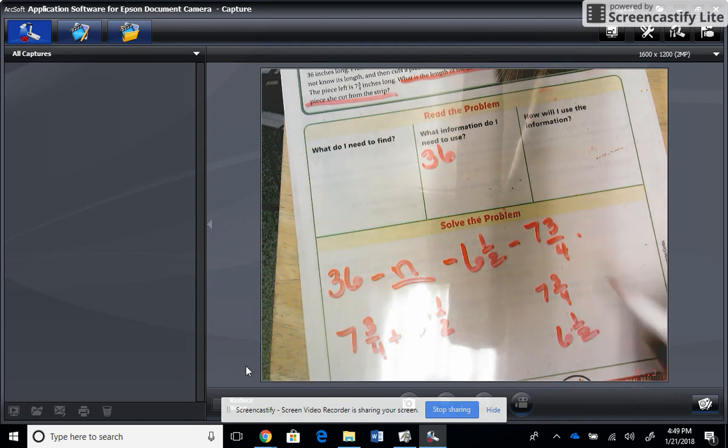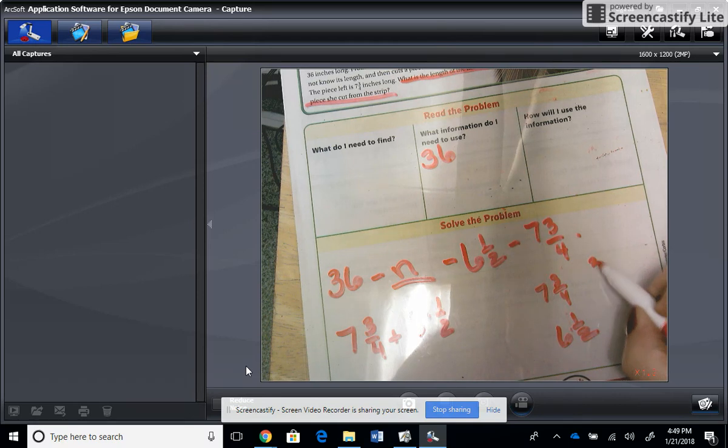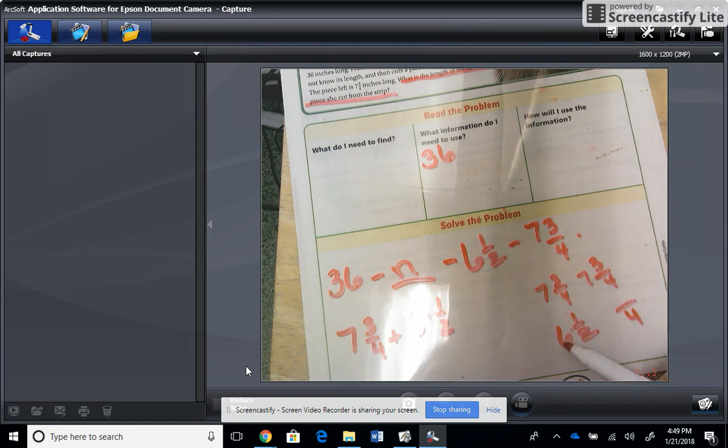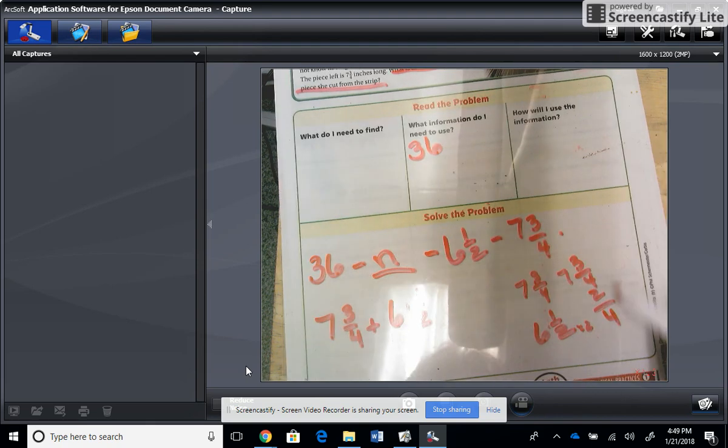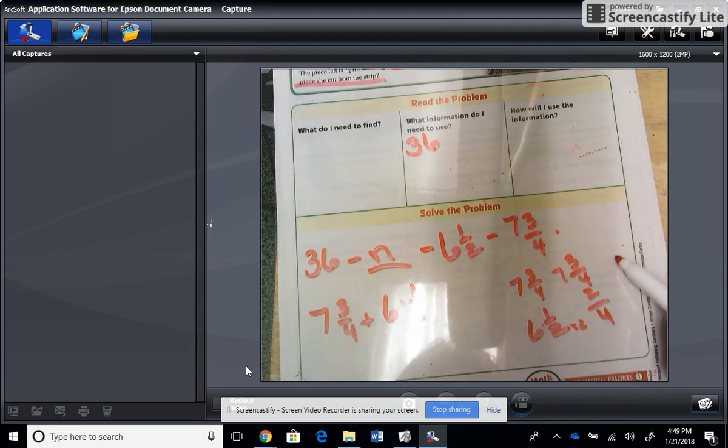So find a common denominator. Well, it's going to be a fourth because 2 can go into 4. So I'm going to put a fourth here. So this stays the same, 7 3/4. Here I have times 2. So now I have what? 5/4. And I have 6 here.